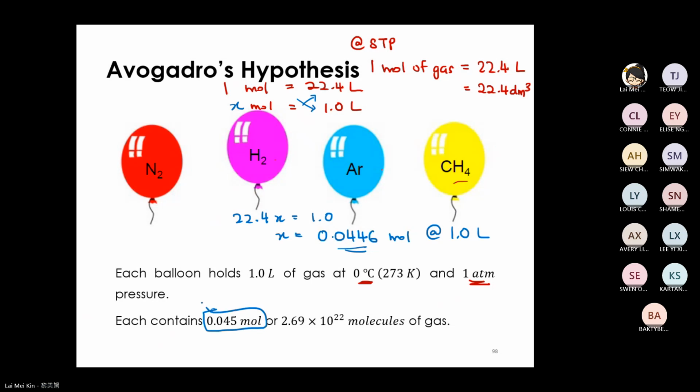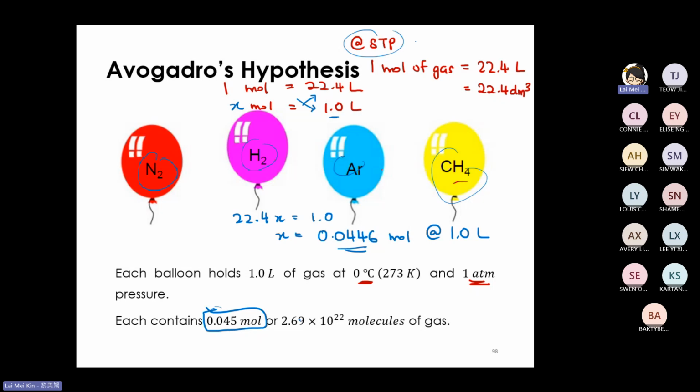So 0.0446, okay? So 0.045 mole. Regardless of what gas it is, nitrogen, hydrogen, argon, methane, oxygen, helium, whatever, as long as they are gases at the same temperature and pressure, for example STP, at 1 liter they will always have the same number of mole, 0.045.